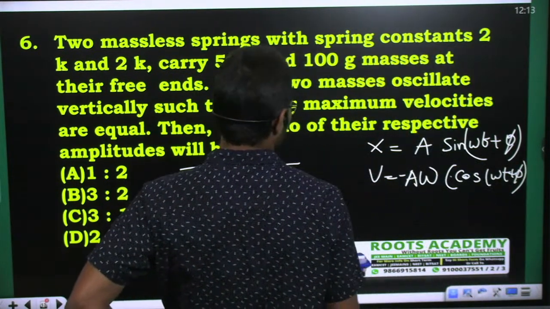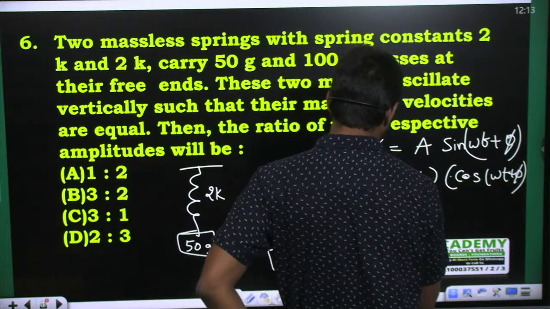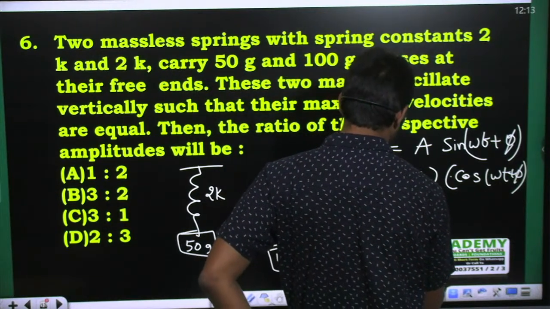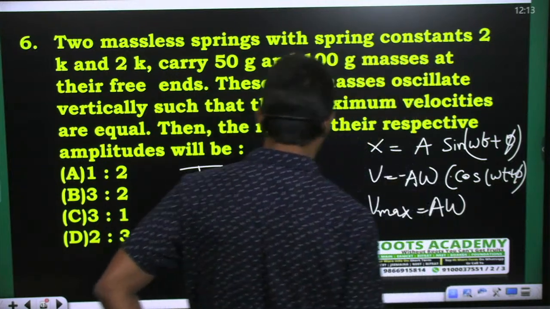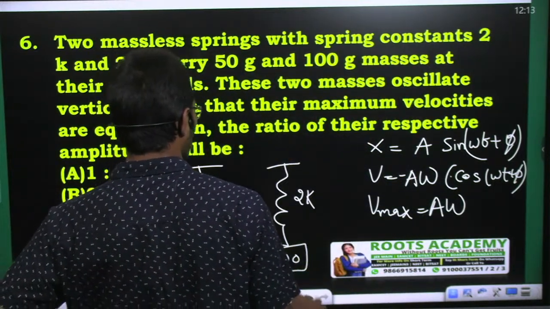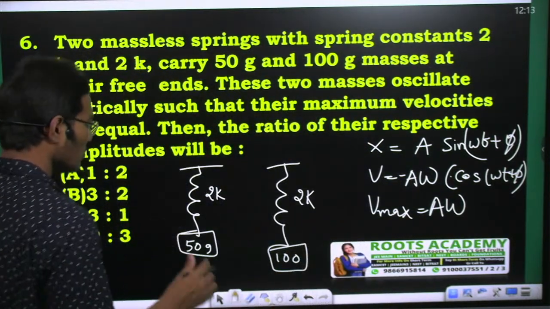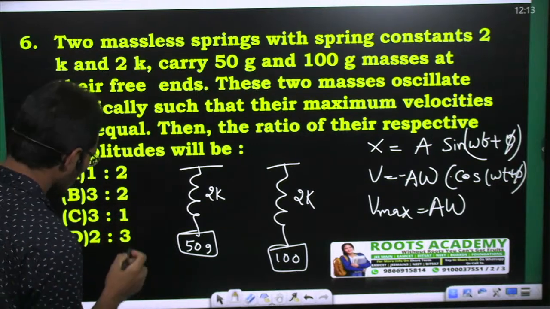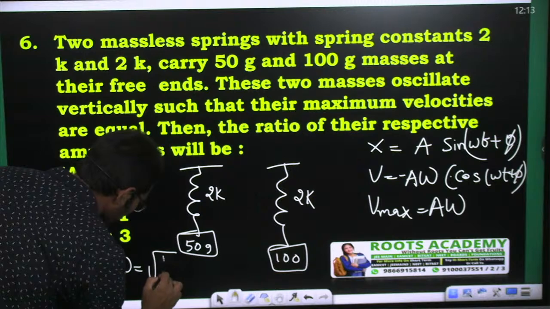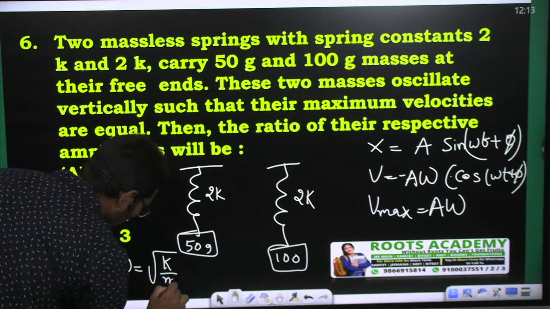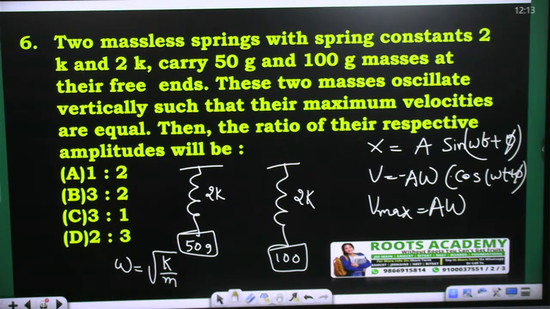So the Vmax is nothing but A omega. So maximum velocities of both the springs are equal. So what is this omega? Omega is equal to under root k by m.